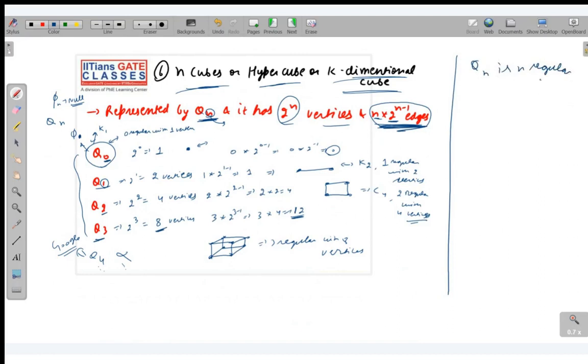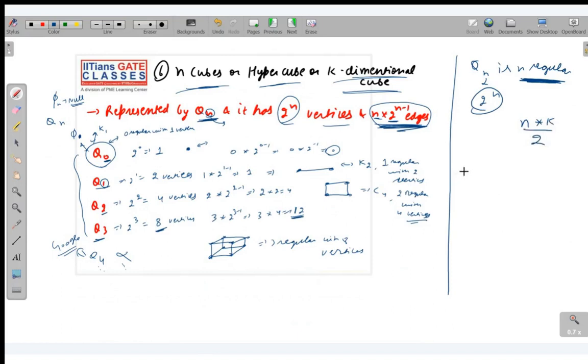See this, Q0 was 0 regular, Q1 was 1 regular, Q2 was 2 regular, Q3 is 3 regular. Are you getting it, na? So Qn is n regular. So how many vertices are there in Qn? 2 power n. So if n regular graph, by handshaking theorem, how many edges are there? nk by 2.